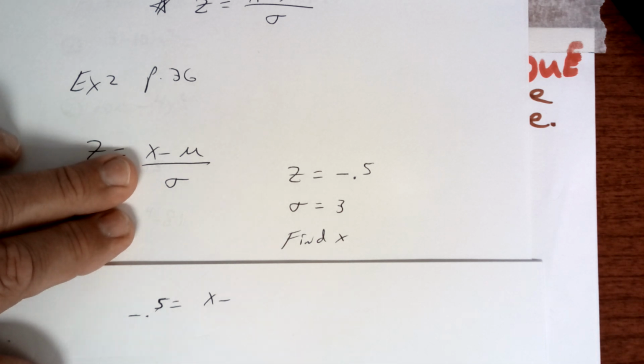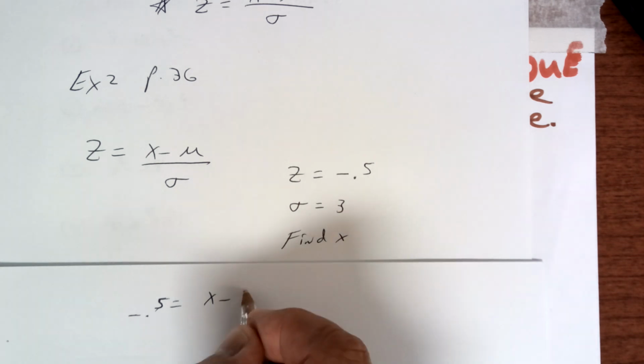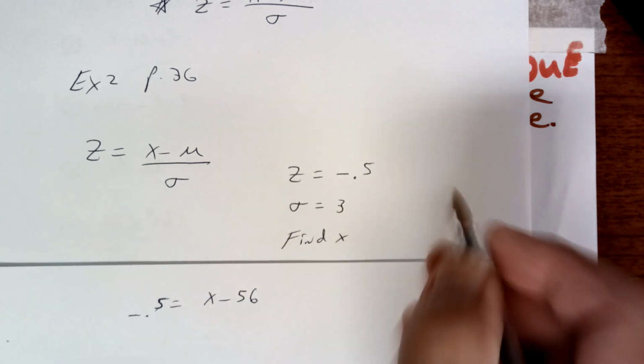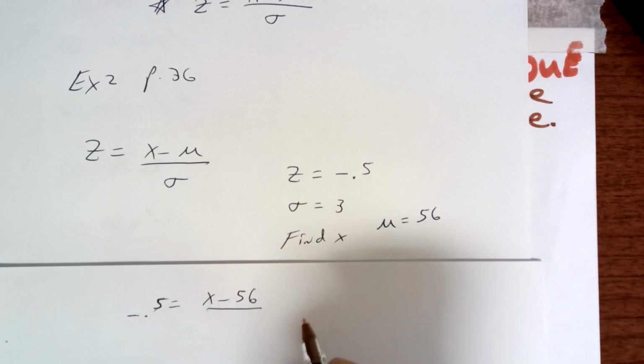We need the average, so let's go to page 36 and see if they tell us the average. Okay, so the average was 56, according to the book. So put average equals 56. The standard deviation is 3. Okay, now we got everything we need here.